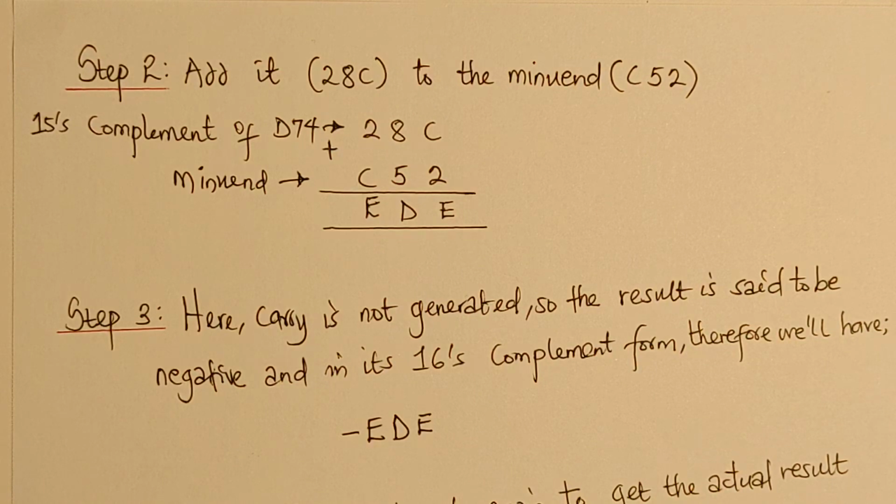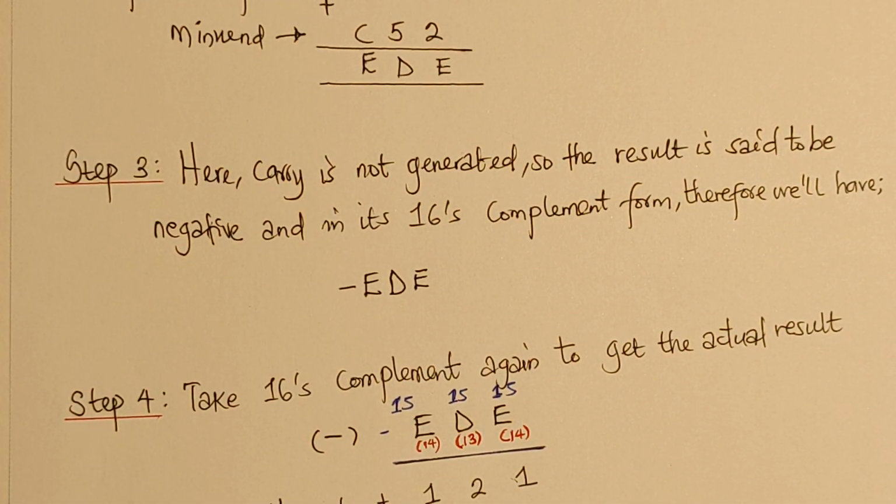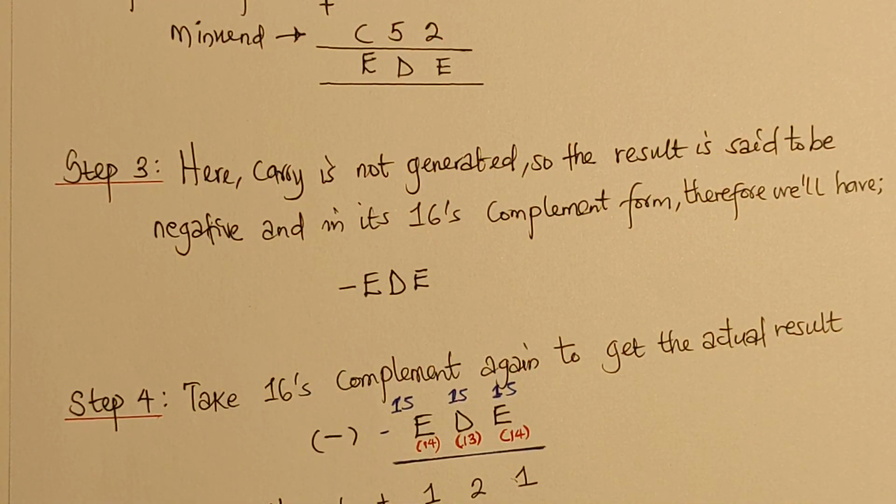Now, for us to get the actual result we're looking for, we have to carry out another 16 complement again, which takes us to step 4. Now, in step 4, we're going to set this negative value aside and add it up later.